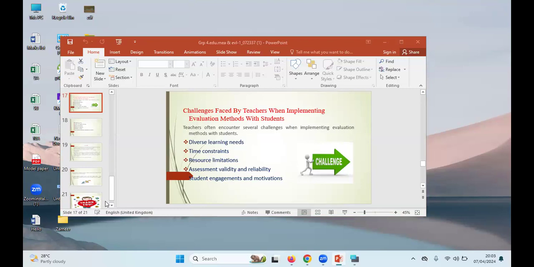When implementing new technology materials, teachers may face more challenges in classrooms. Next one, assessment validity and reliability. Other one, student engagement and motivation. Maintaining student interest and motivation during assessment can be difficult. Next slide please.